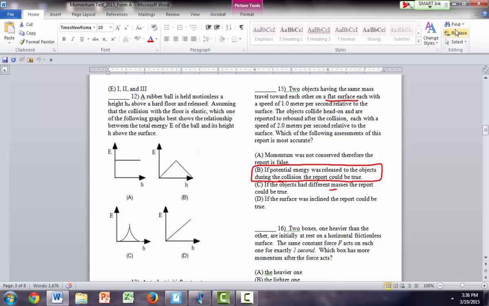The objects having different masses does not account for an increase in kinetic energy. If the surface was inclined, that doesn't account for an increase in kinetic energy. One of them may have gained energy on the way out because it was going downhill, but the other one would be going uphill after the collision. And again, when you talk about the duration of this collision, it's a very, very short time frame.